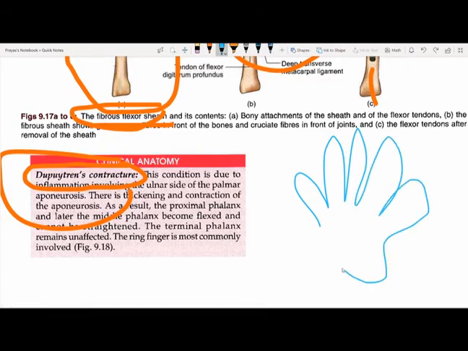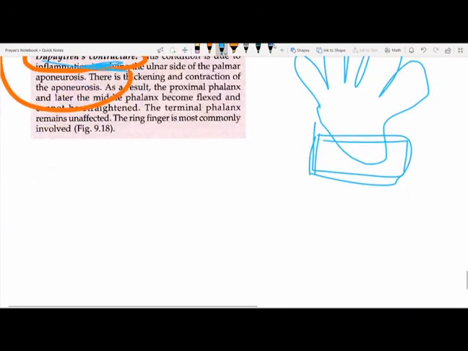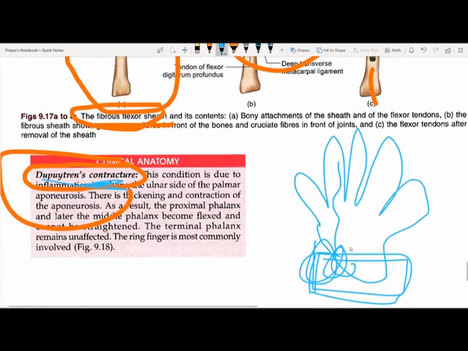In this disease or condition there is a thing here, I forgot the name, and this region gets inflamed. So the nerves supplying your fingers get damaged.